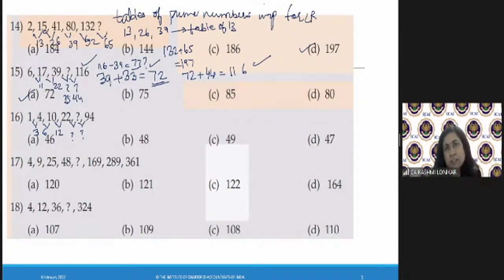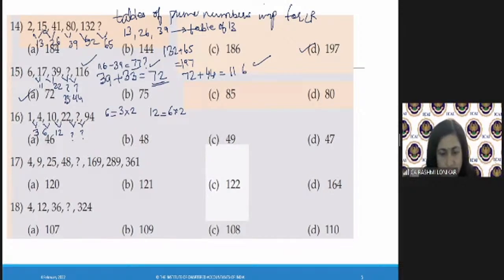Is it 3, 6, 9? No, it is not that. So we don't have table of 3. But can you see here that 6 is equal to 3 into 2? What is 12? 12 is equal to 6 into 2, right? So can you see that the difference is twice the first difference.